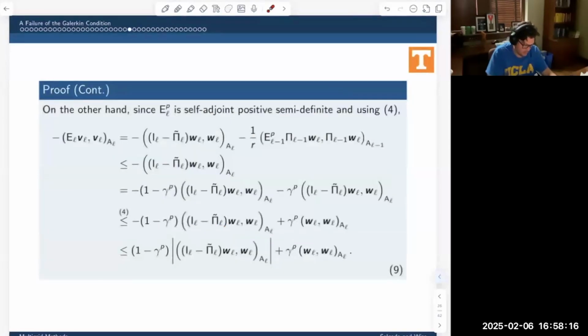Okay, so let's see. That's what we have here. And I'm going to replace this with a positive term. The gamma to the p, because that's a positive number, doesn't change the direction of that inequality, so I'm okay there. This doesn't change from here to here, so I'm okay there.